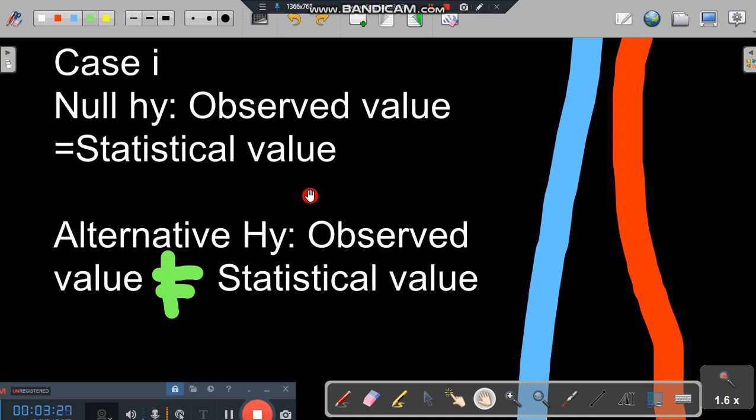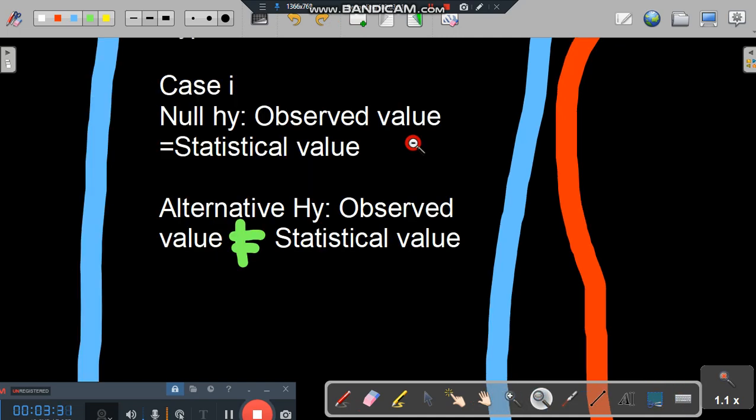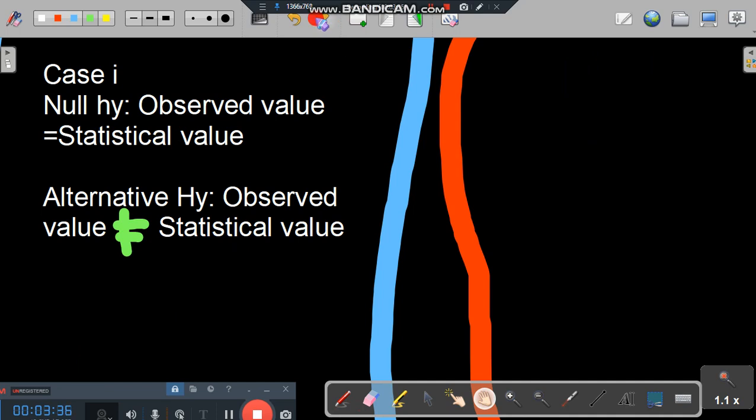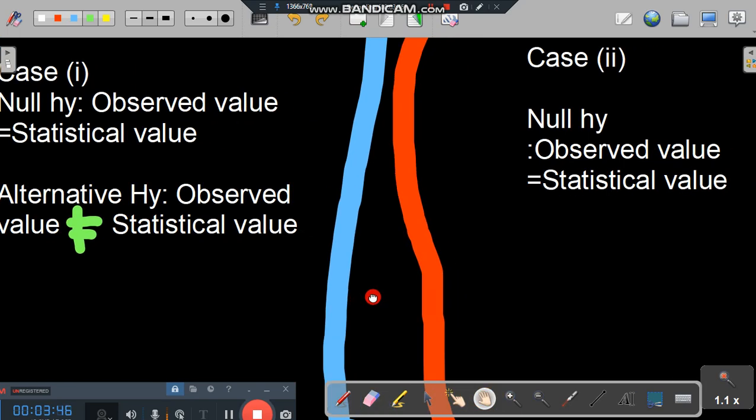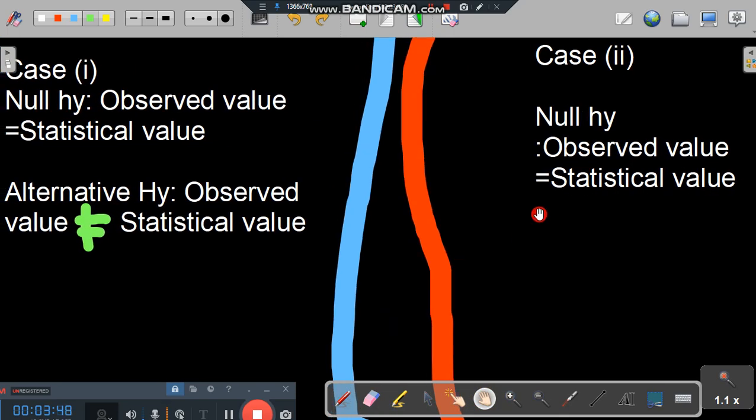Now look at that screen. You will see case 1, and now case 2 comes here. The null hypothesis is the same: the observed value equals the statistical value. But look at the alternative hypothesis in the second case.